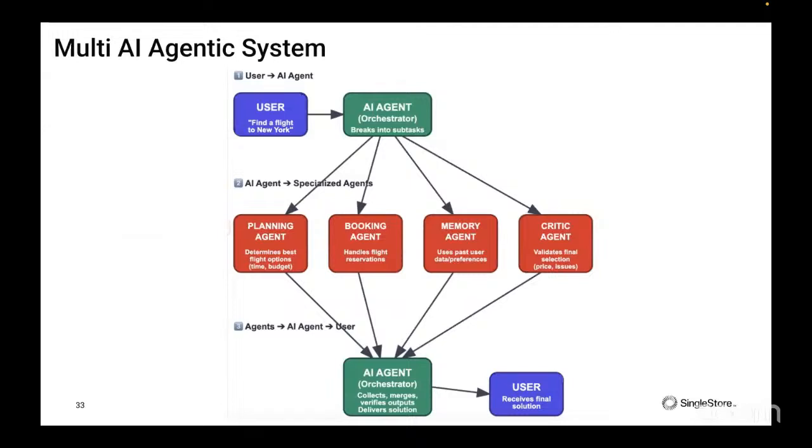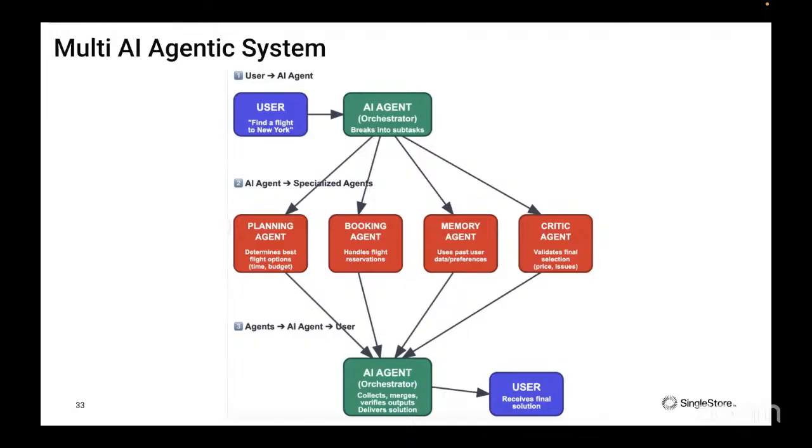And here is a simple multi-agentic system where multiple specialized agents come together to help you with any sort of complex problem that you have. If you ask, like, find a flight to New York, right? The orchestrator agent breaks this into subtasks, and each task is given to a specialized agent.